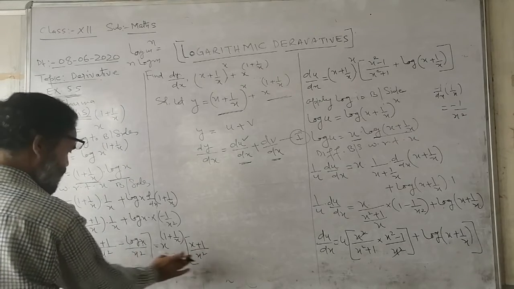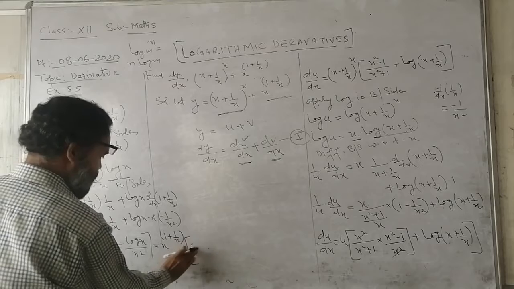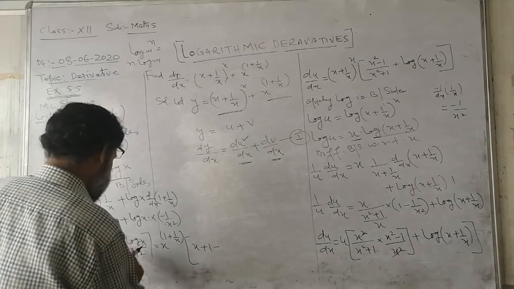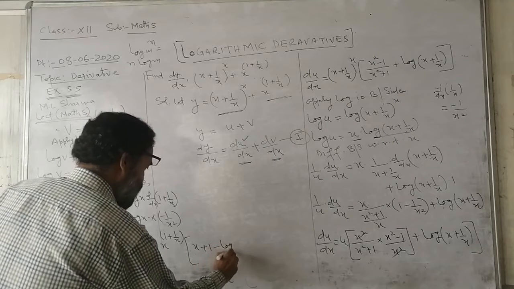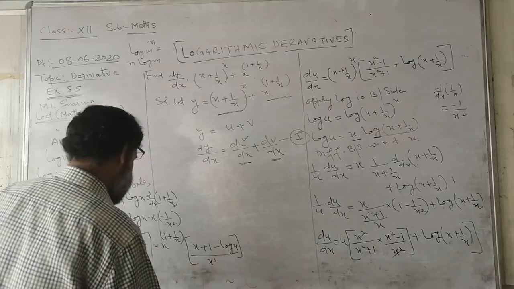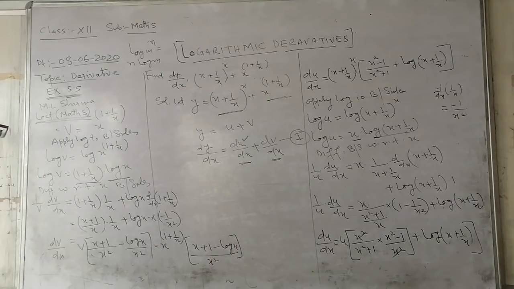I can take LCM here. So if I take LCM, I will have x plus 1 minus log of x and whole upon x square. So this is the value of dv upon dx.